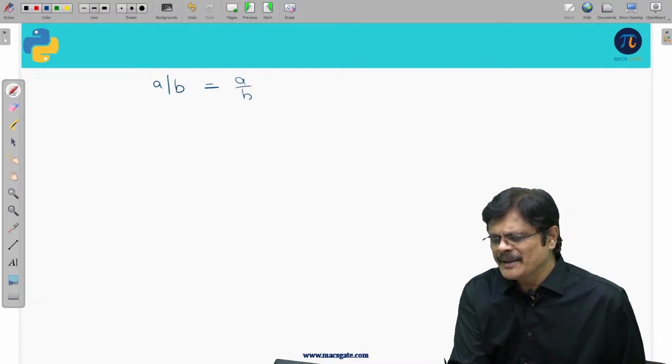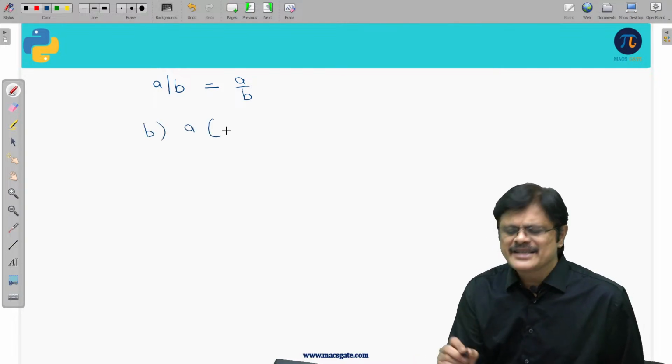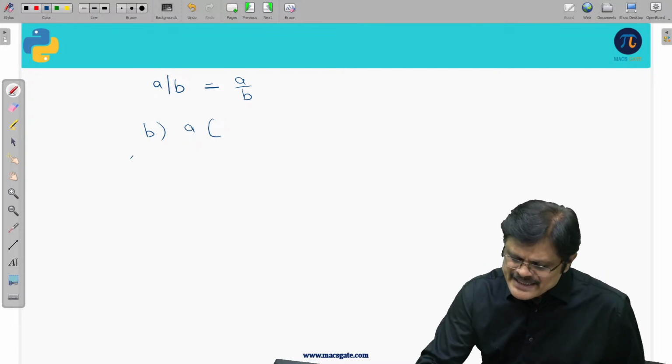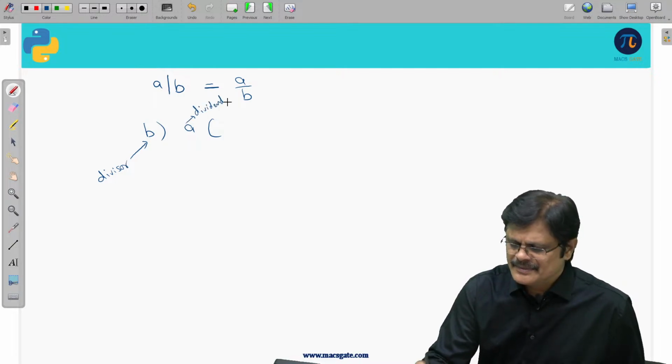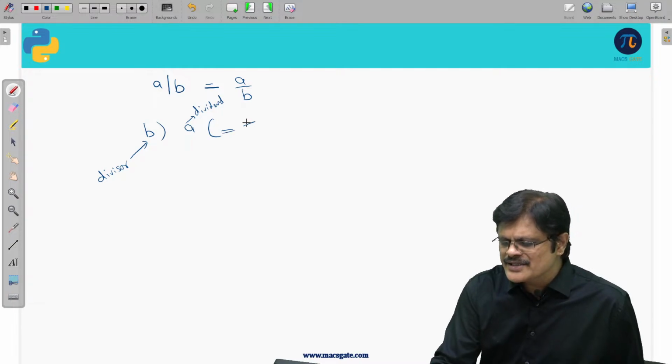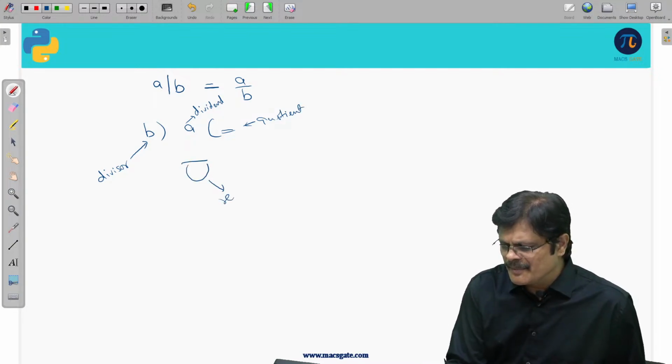We are dividing A by B. So we actually write it like B divides A. This B is called the divisor, this A is called the dividend, and whatever you get here is called the quotient, and what you get here is called the remainder.